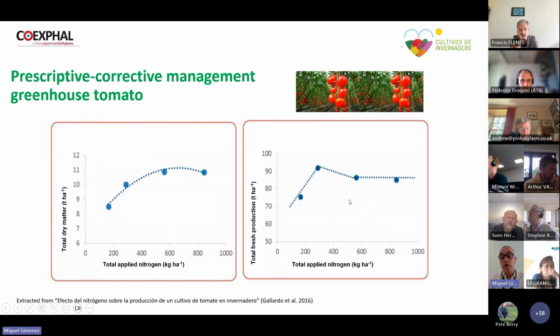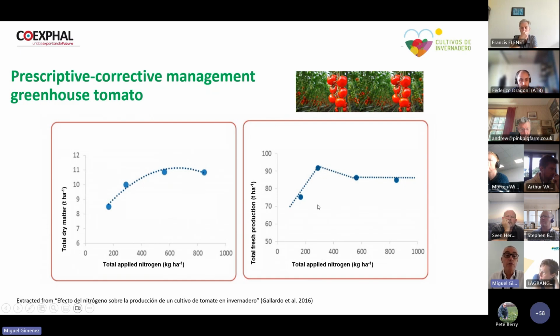But if we check how this total applied nitrogen affects the total fresh production of tomatoes in the right graph, we can see that the highest effect, or the most optimal effect, is obtained with this second treatment with a significantly lower amount of nitrogen applied.